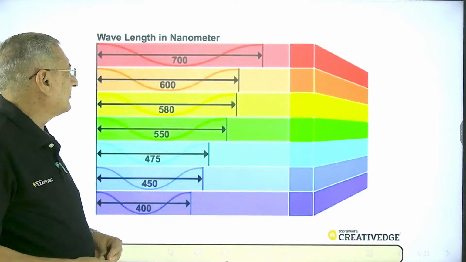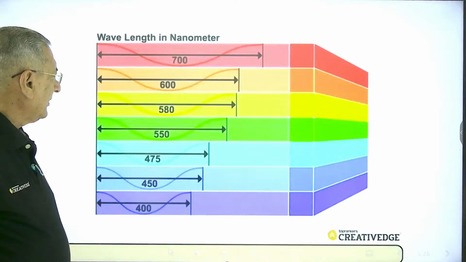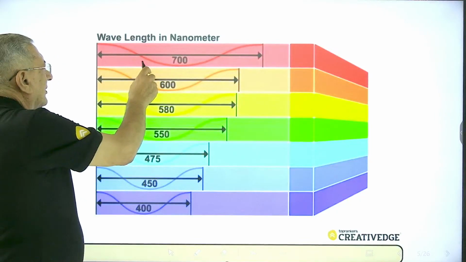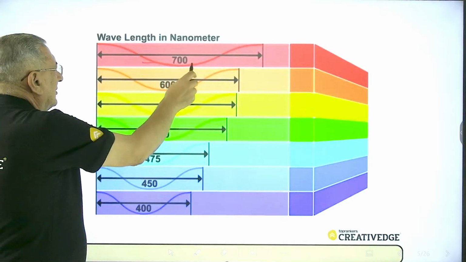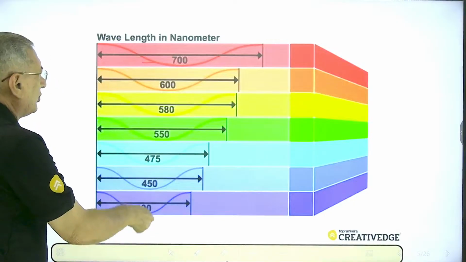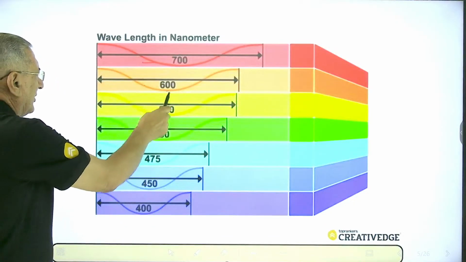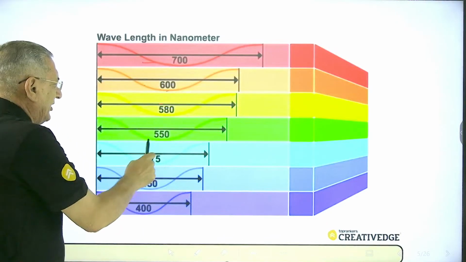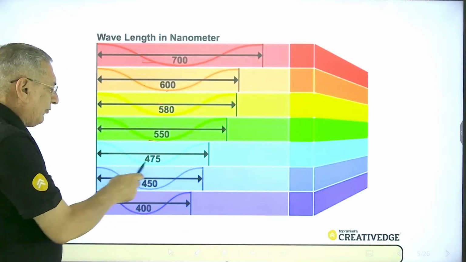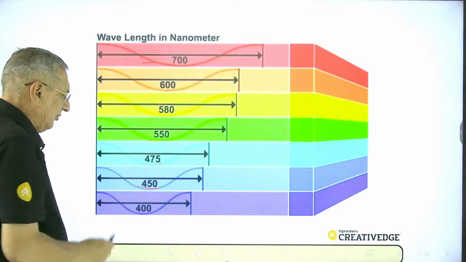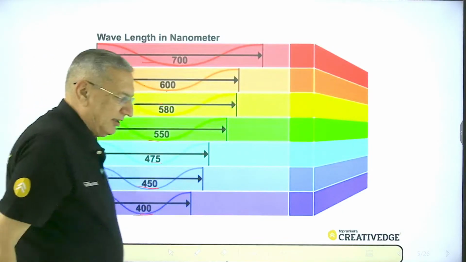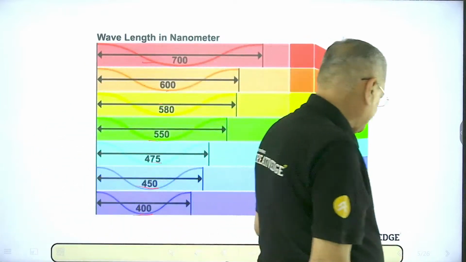Here is another graphical presentation. Red color, wavelength 700, and likewise you go to orange 600, yellow 580, green 550, blue 475, 450 is indigo, and 400 are the violet rays.